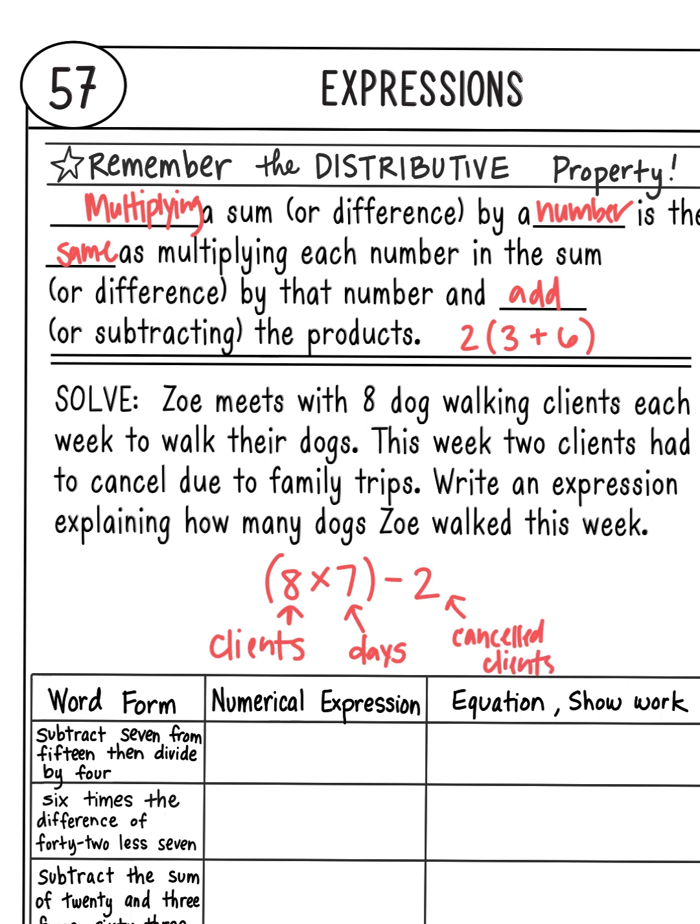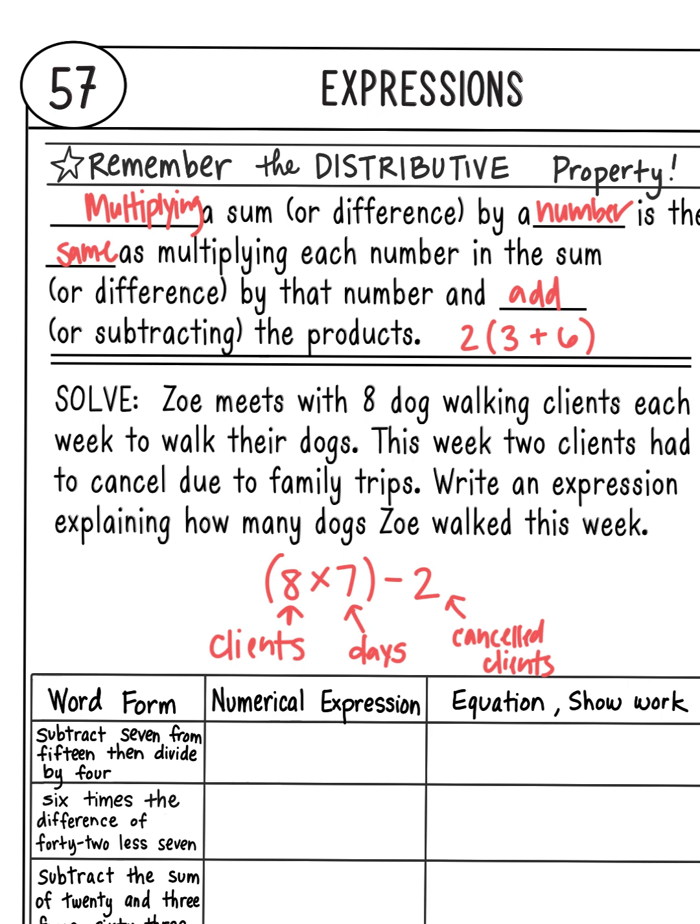Now, why did I put the 2 canceled clients on the outside, do you think? They come last. Yeah, because we take that away at the end, right? So the way that I would do this one is I would want to, because I'm not multiplying that number on the outside, I'm taking it away. I would want to go back to my order of operations.